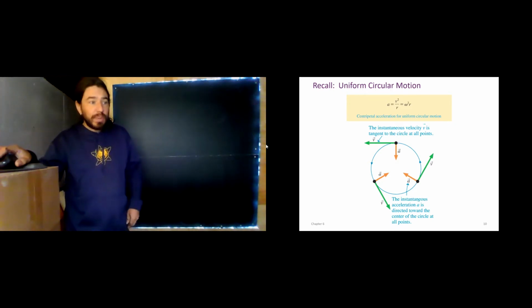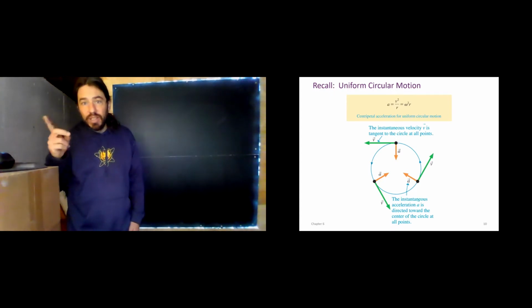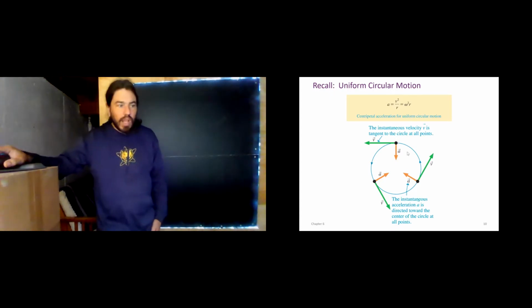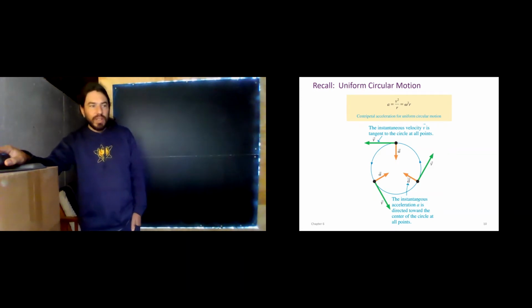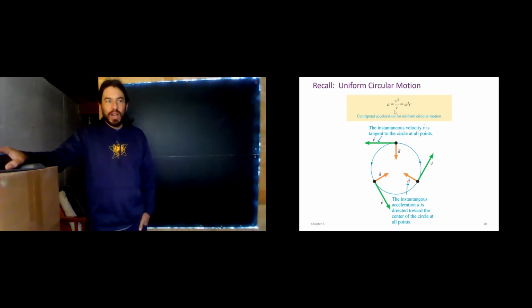So recall that the centripetal acceleration always points to the center of the circle, and it makes a right angle with the velocity if this is moving at a constant speed, and the only change in its velocity is turning a corner. So that is our centripetal acceleration, and recall that it can be written as v squared over r. We're going to introduce a new symbol in this chapter, omega.